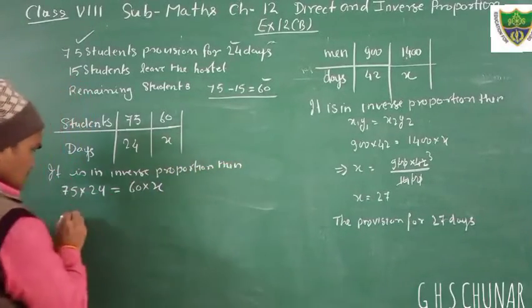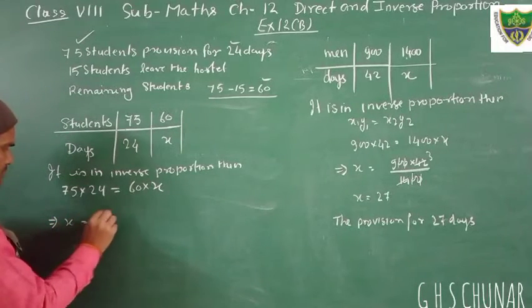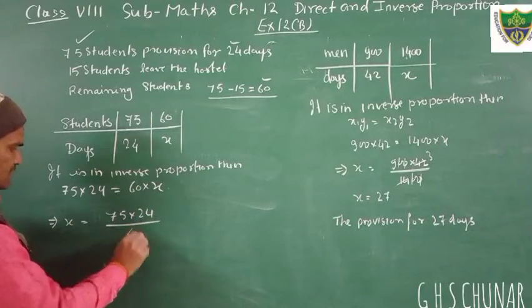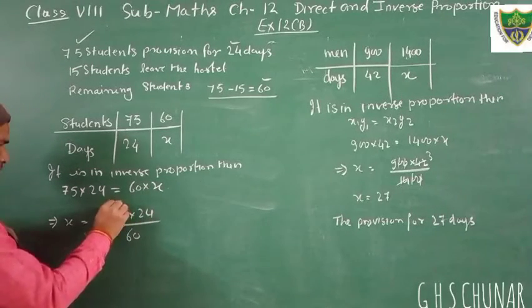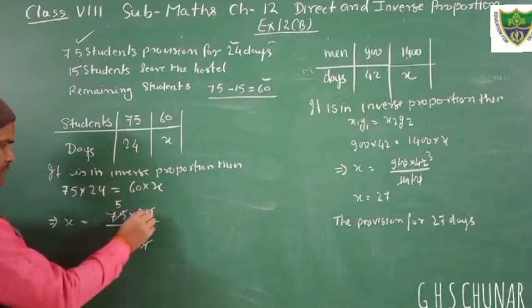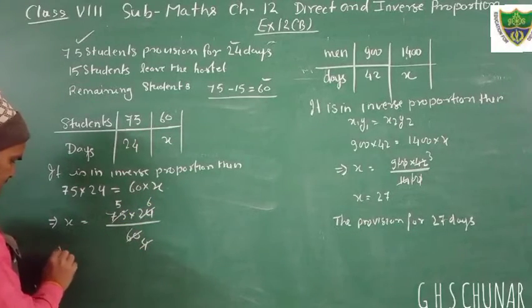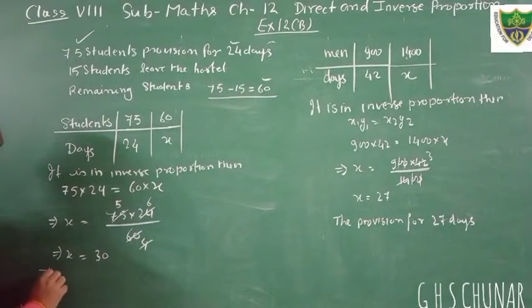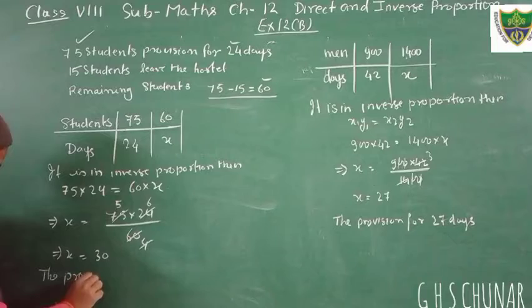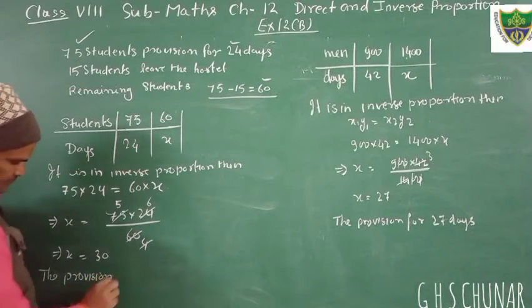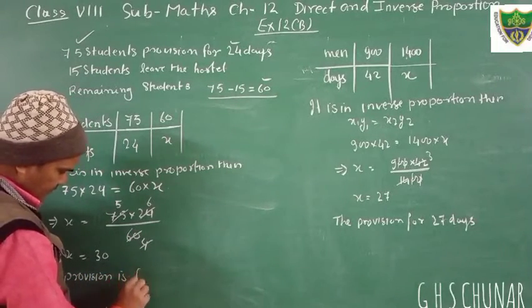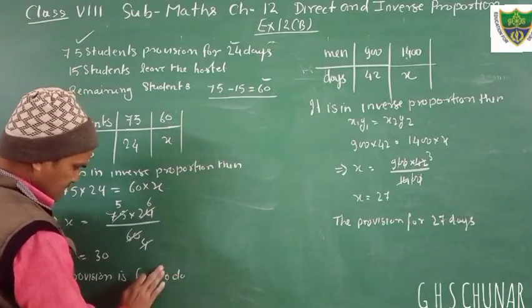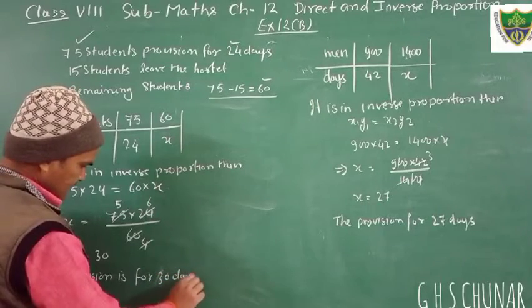This implies x is equal to 75 into 24 upon 25. So x is equal to 72 days, so the provision is for 72 days.